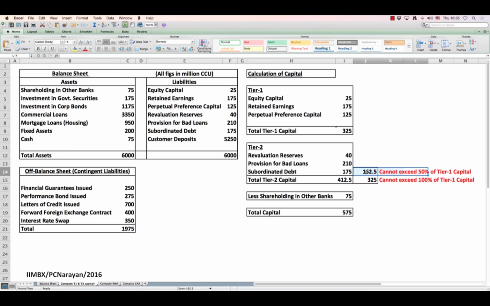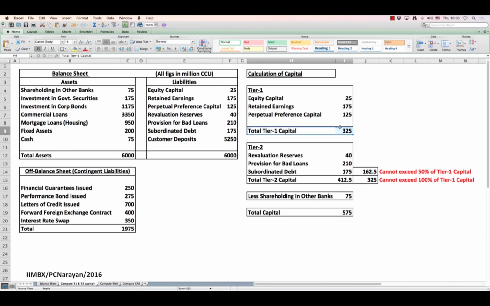Second caveat, the total tier 2 capital cannot exceed 100% of tier 1 capital. So tier 2 capital is 412.5, tier 1 capital is only 325, so only 325 can go into this calculation. Now we can only consider 325 out of that 412 for our capital adequacy calculations.